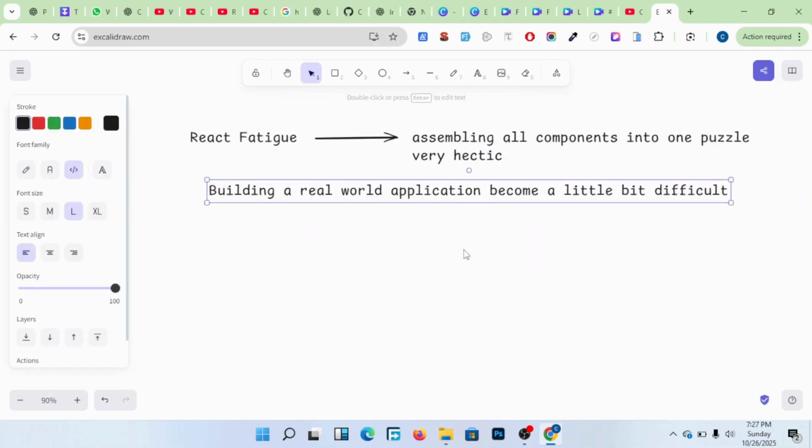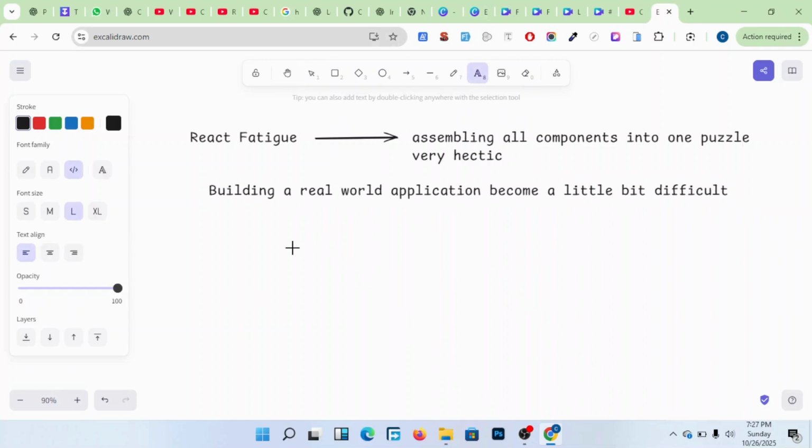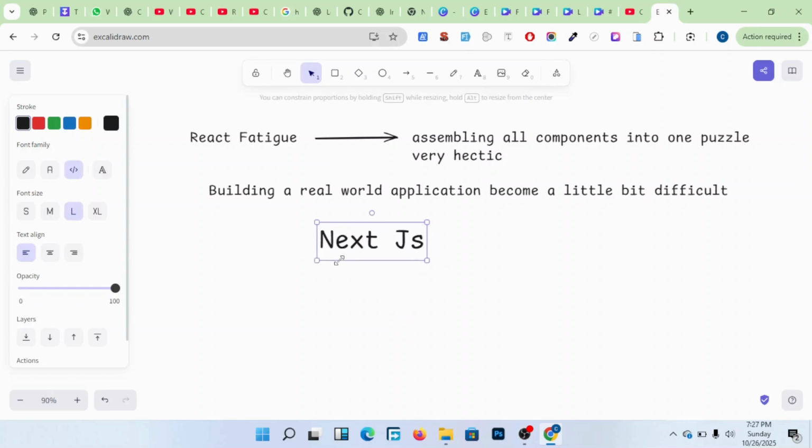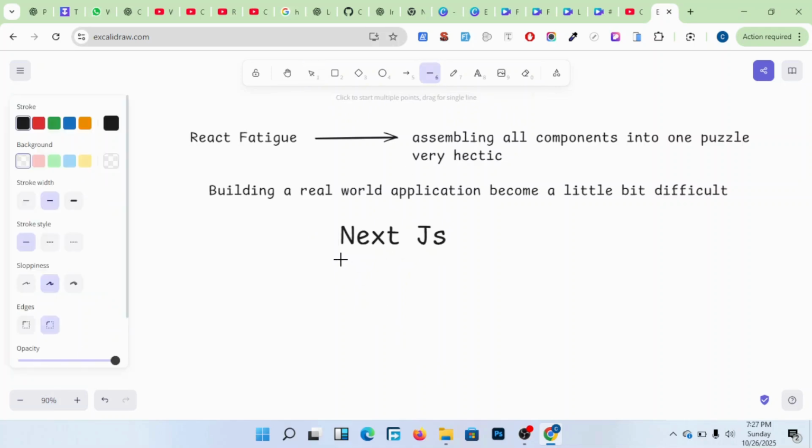So what happened around 2016? They built what they call Next.js. This one was introduced as a subsidiary to React. It comes from React. That's why I didn't even put it up there as a framework.